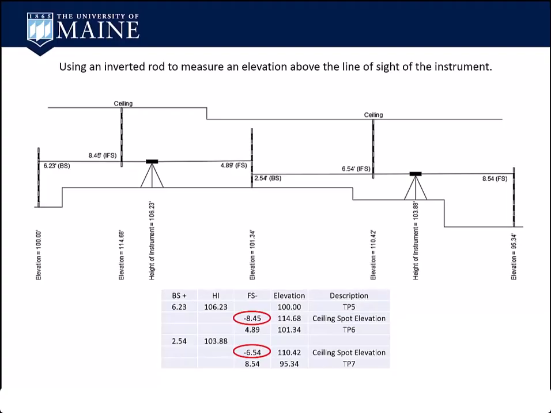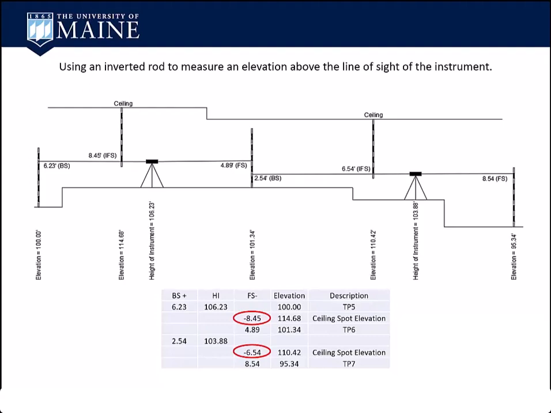Now, there's something called an intermediate foresight, which is what usually an inverted shot will be. It's difficult to use the surface above you as a turning point.